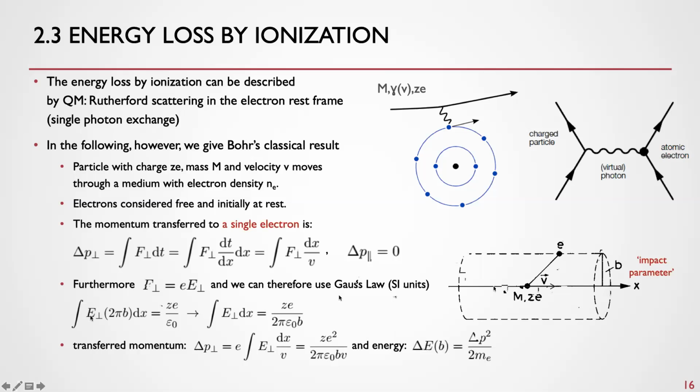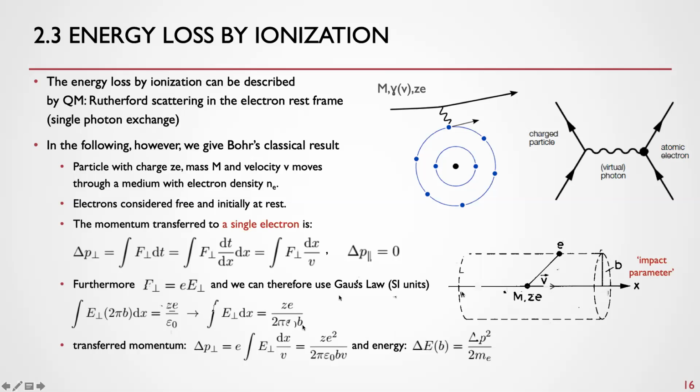Now, Gauss law, times the radius of the cylinder, times the integral over the x-axis, equals the total charge in the cylinder, which is given by, as we said, C times e over epsilon 0, and the epsilon 0 is from Maxwell equations in SI units. Now that means we can compute the total integral of the perpendicular E field as a function of the impact parameter.